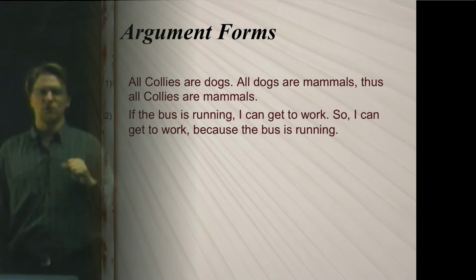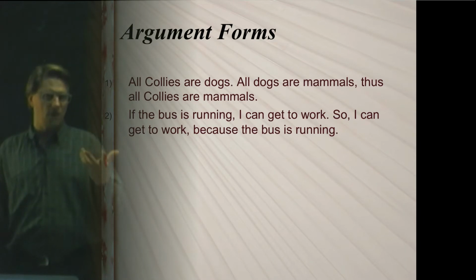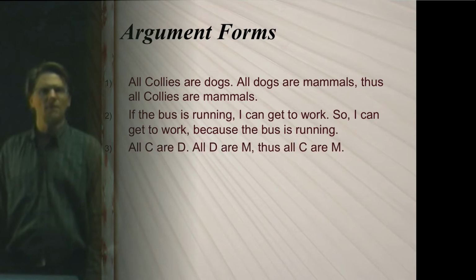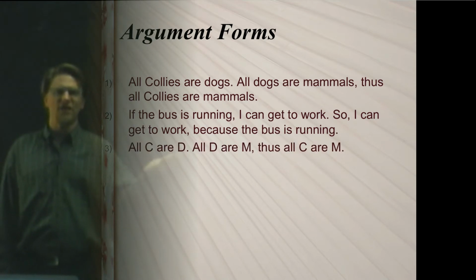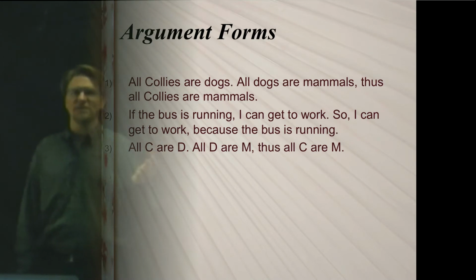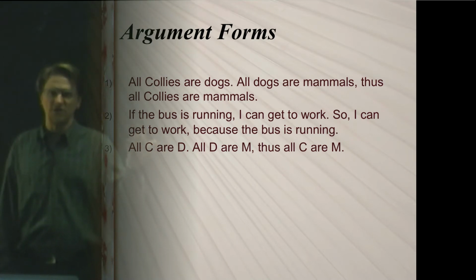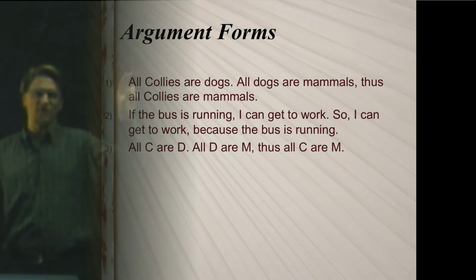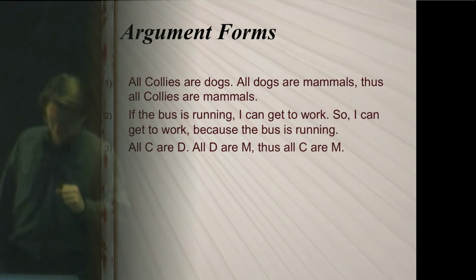And the predicate term is dogs, right? With that knowledge, and then you can continue on with the other two claims, I'm hoping you can come up with this as an argument form. What we see here is: all C are D, where C stands for collies, the subject term, and D for dogs, the predicate term. The second premise would be all D are M, and thus all C are M, and you're just drawing that from this original example.